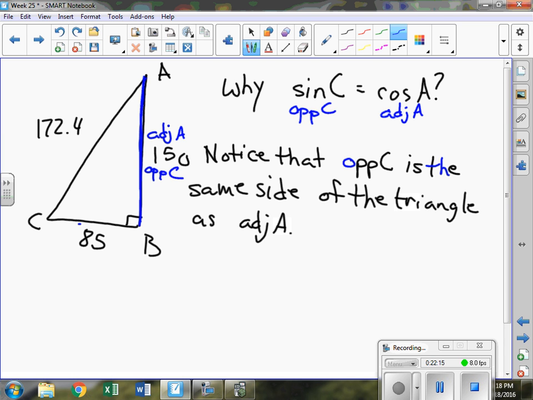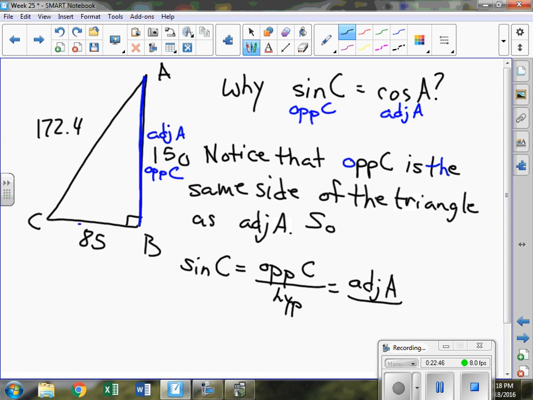Because they're talking about the same leg, we could put it together and say the sine of angle C is opposite over hypotenuse. But that numerator, opposite of C, we've said is the exact same thing as adjacent to angle A. So this doesn't change it.